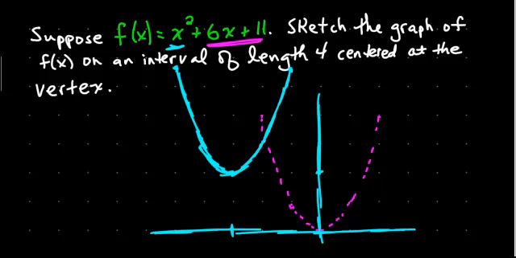That is the graph of this function x squared plus 6x plus 11, on an interval of length 4, centered at the vertex right here. And that's going to conclude this video on quadratics.